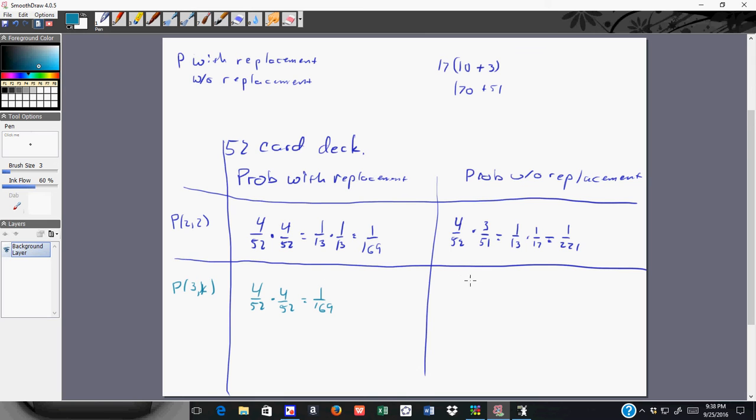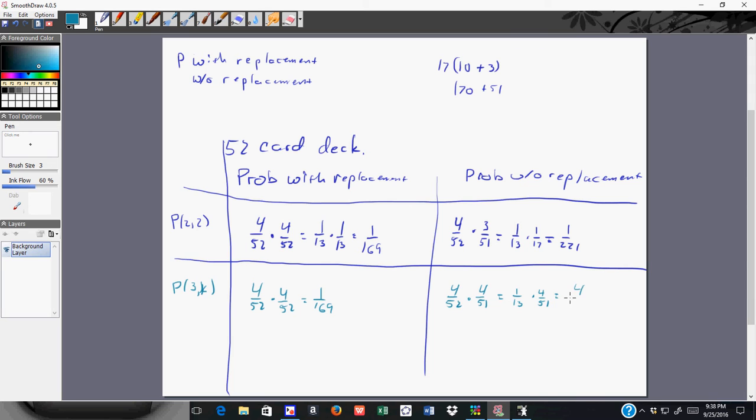However, without replacement it's a little bit different, because the probability of getting a 3 is 4 out of 52, but the probability of getting a king is 4 out of 51. And that really leaves us with 1 out of 13 times 4 out of 51.